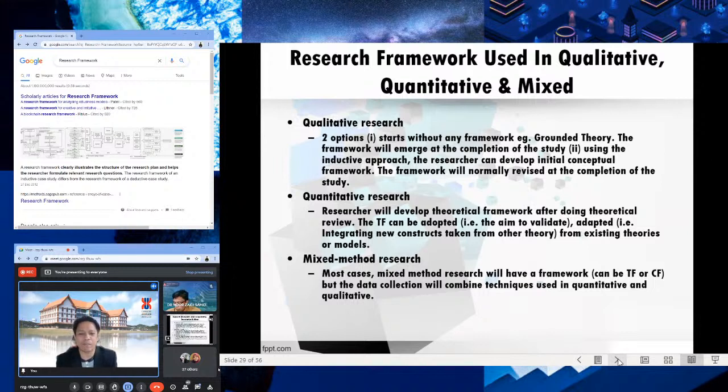Because if you do not properly develop your framework, your research will go wild and you can't control it. After you find new things, you keep doing new things, and then the research never stops. This is what happened to me before. I was unable to scope my research because the research framework was not clear. It was this big, and maybe out of my capability at that time, or limited by time.